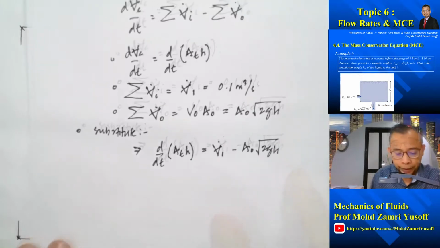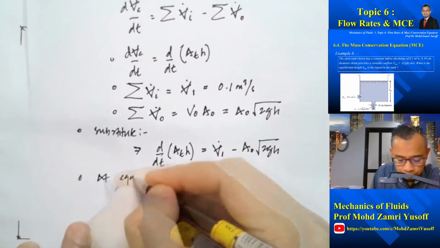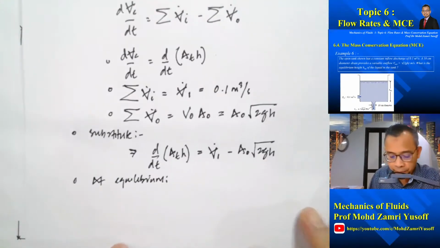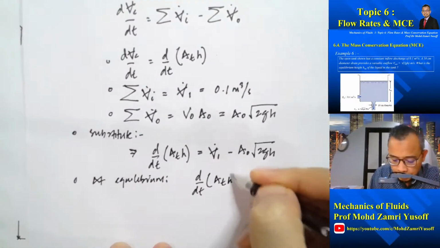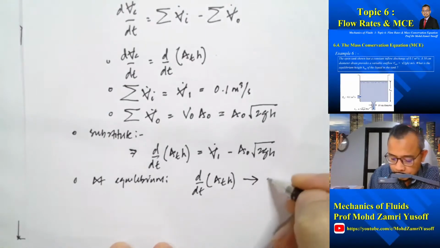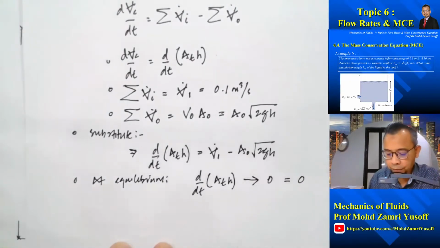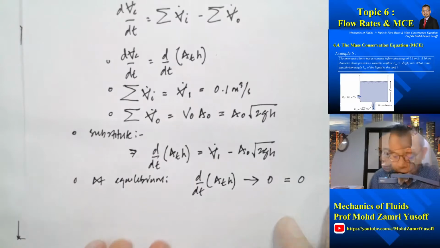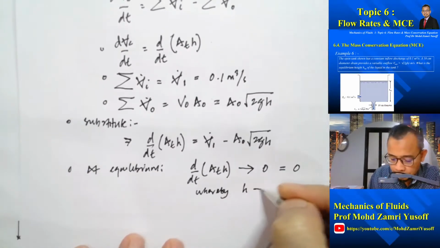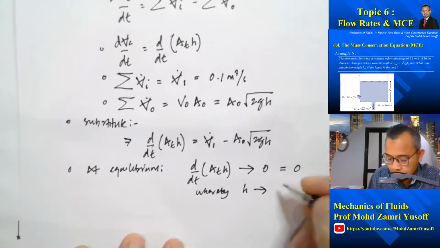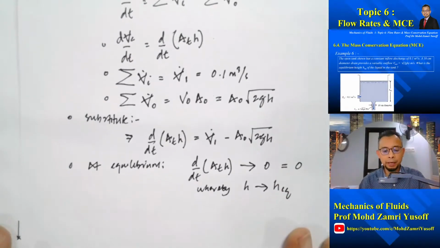So now at equilibrium, what will happen is that d by dt of ATH will tend to 0, or in a limit will be equal to 0, whereby at that point H will tend to the equilibrium height.